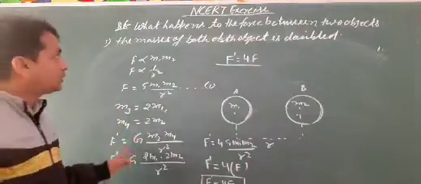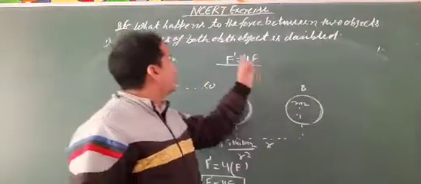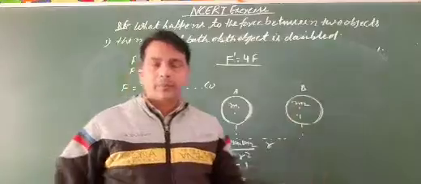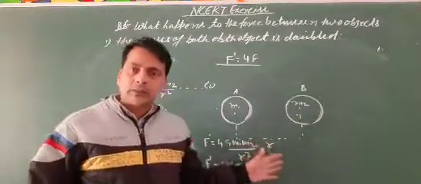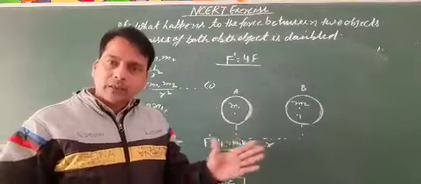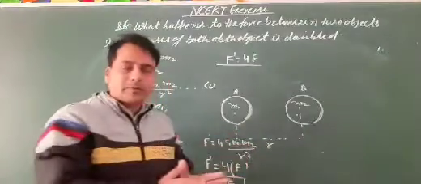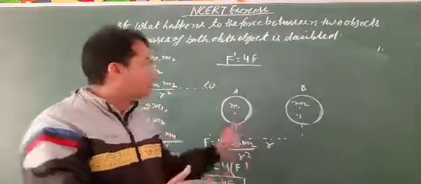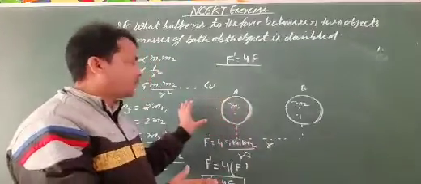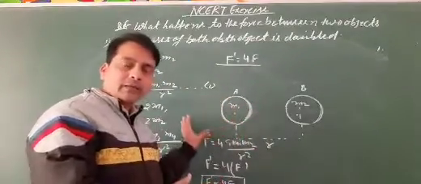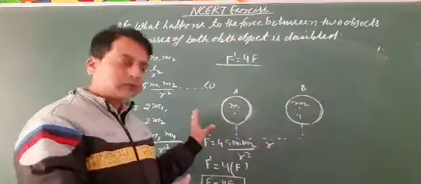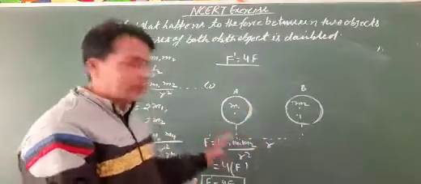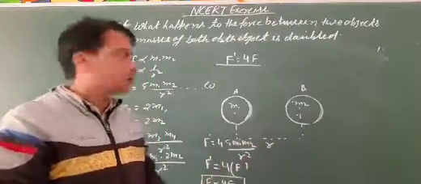According to this question the masses of both objects are doubled. We know that the gravitational force is directly proportional to the masses of the objects. So if the mass of one object is doubled, then the gravitational force is also doubled. If the masses of both objects are doubled, then the gravitational force is 4 times the original gravitational force.